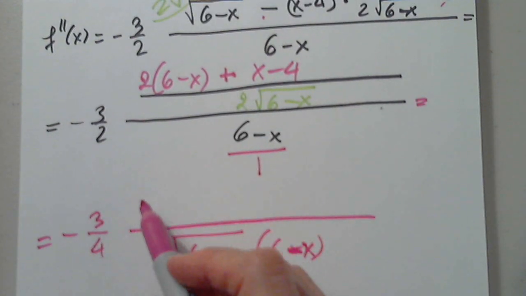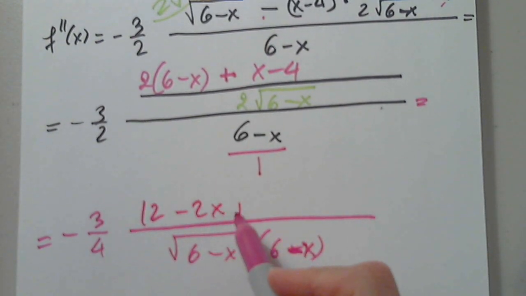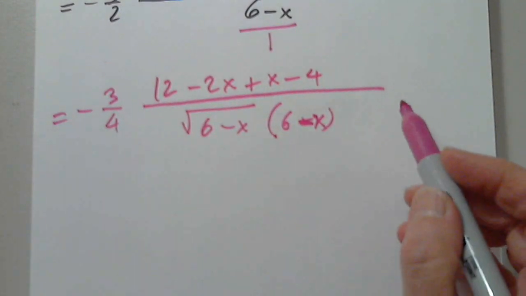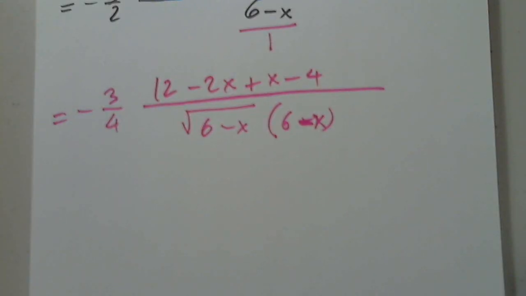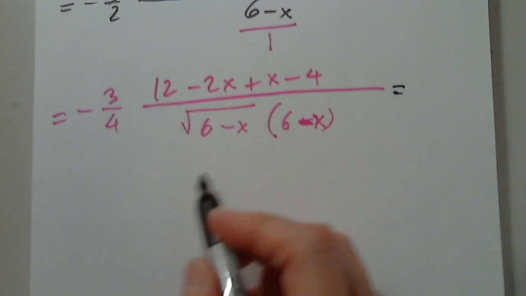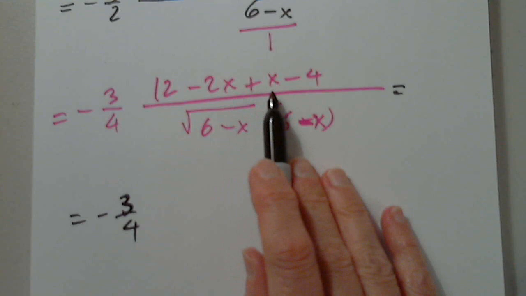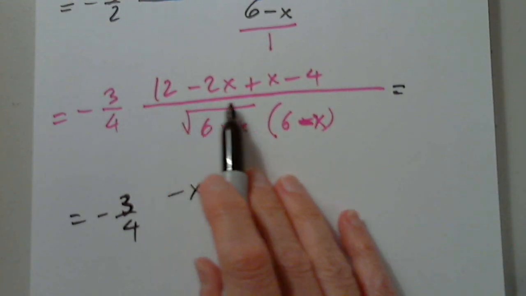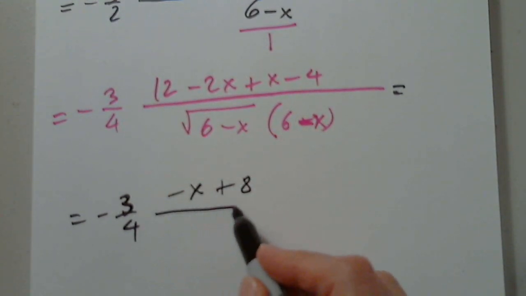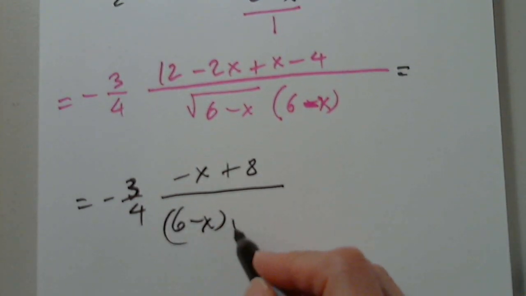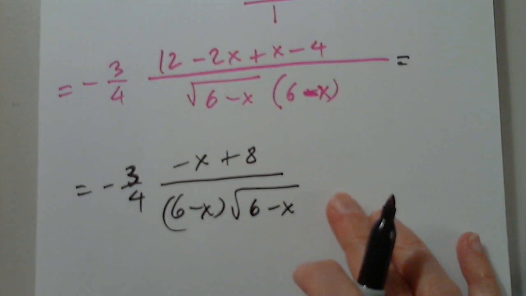Let's see the numerator. 12 minus 2x plus x minus 4. Ugly, but it is what it is. So -3/4 negative x plus 8 over, I'll put 6 minus x in front, the square root of 6 minus x.